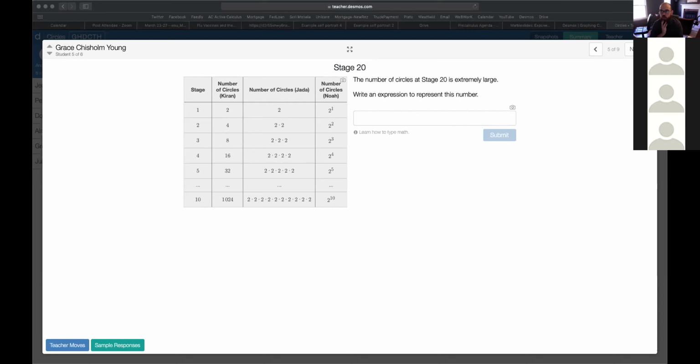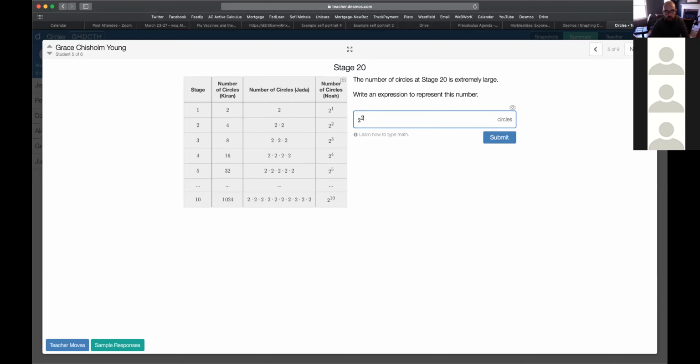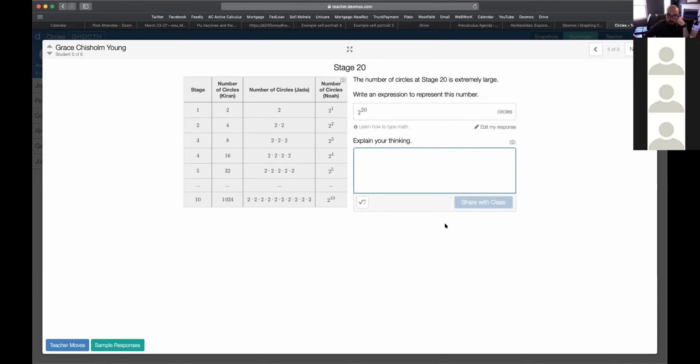Stage 20, yeah, 2 to the 20, right? So that exponent keeps increasing. So at this one, we'd have 2 to the 20 circles, right? And so why do we think that? What do you think? Do you agree with this? You disagree? What, 2 to the 20?